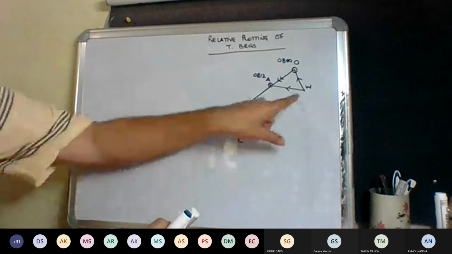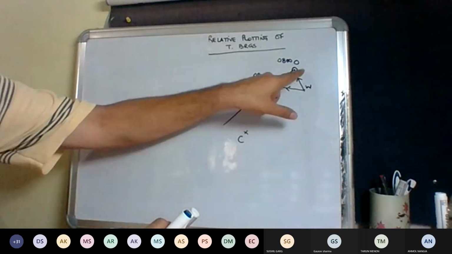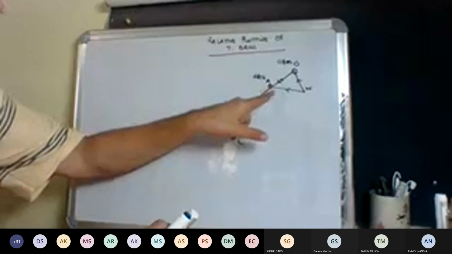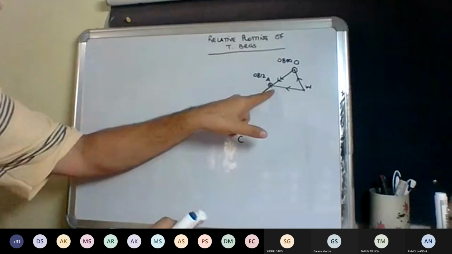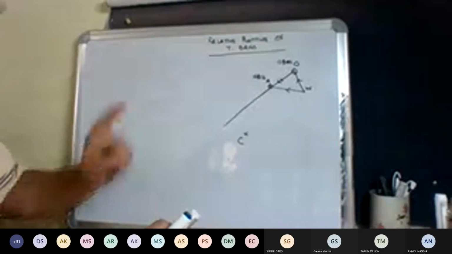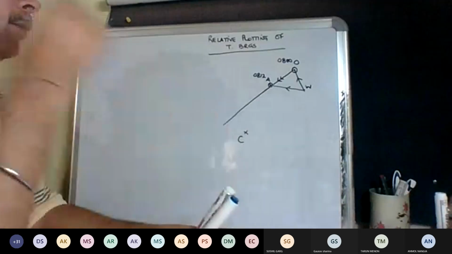So W to O is ownership for this 12 minutes. W to A is the target course and speed for this 12 minutes. And OA is the relative line of approach of the target.